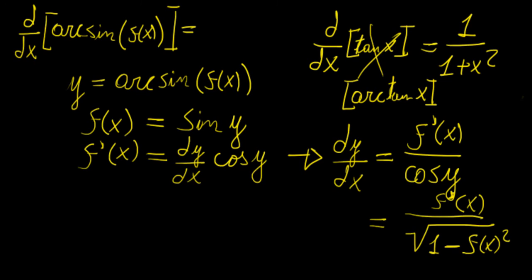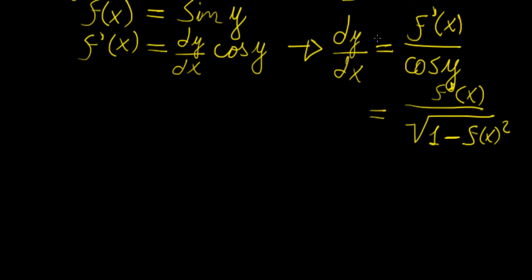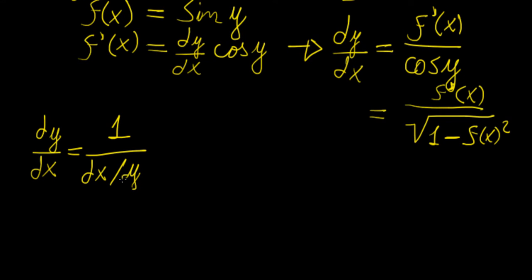And in general, we can write a formula for this so that we don't have to go through the process of doing this back and forth. The most general formula for finding the derivative of an inverse function is to have 1 over dx/dy, which is the derivative of x as a function of y. So how can we use this? Well, let's have arc sine again. We're going to have y equals arc sine x.